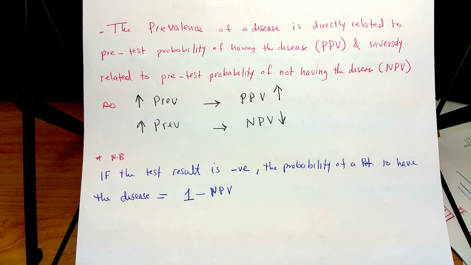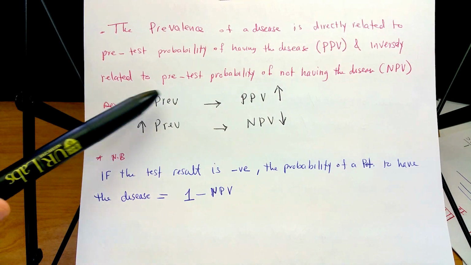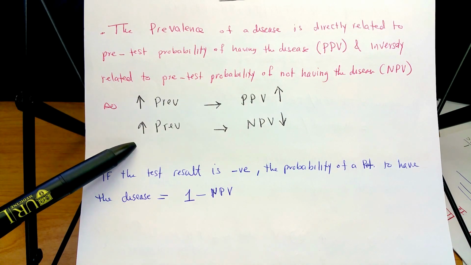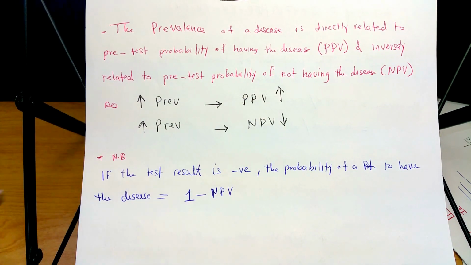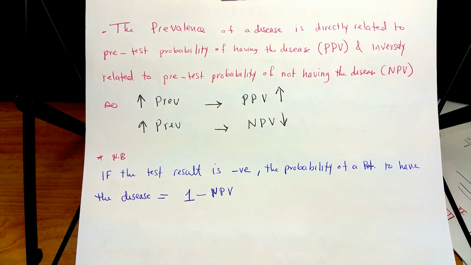So increased prevalence, there is increased positive predictive value. So a direct relation. While if we have increased prevalence, the negative predictive value becomes low. If the test result is negative, the probability of a patient to have the disease is 1 minus the negative predictive value.